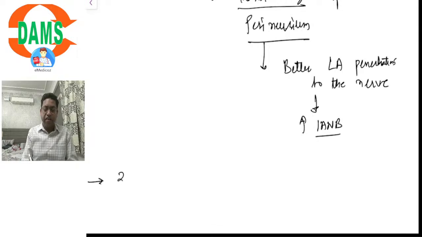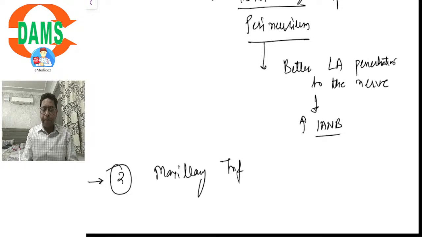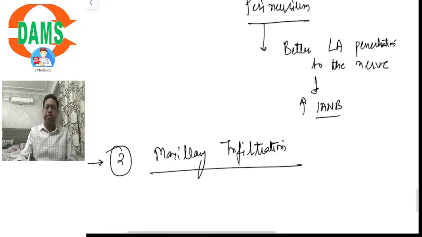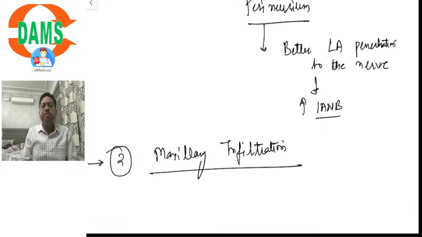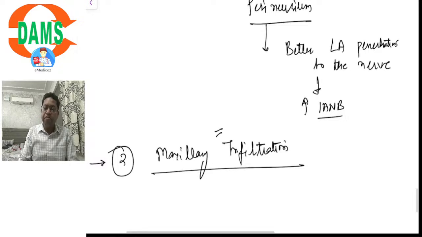Then the second technique is maxillary infiltration. Most of the time, it is called infiltration because we deposit the local anesthetic in the vicinity of the nerve instead of giving a block injection like for the mandible.